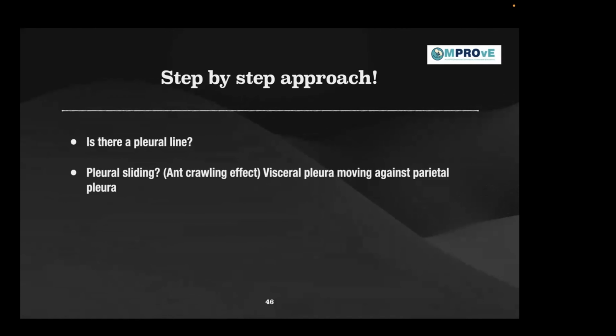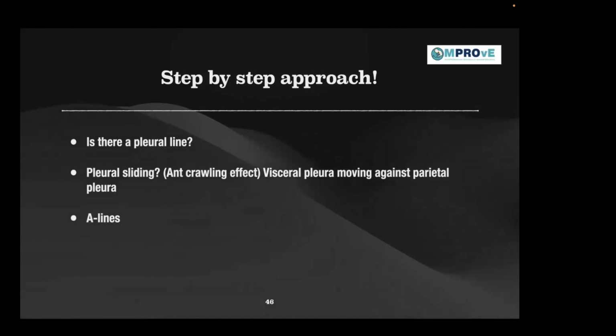So again, step-by-step approach of the lung ultrasound. I'm repeating myself a couple of times now. Is there a pleural line? Is there a pleural sliding, which is the ants crawling effect? And do we see A lines? Do we see B lines? Is there comet-tail artifacts? So these are the questions you answer, and then, combined with the clinical background, you come to a conclusion.